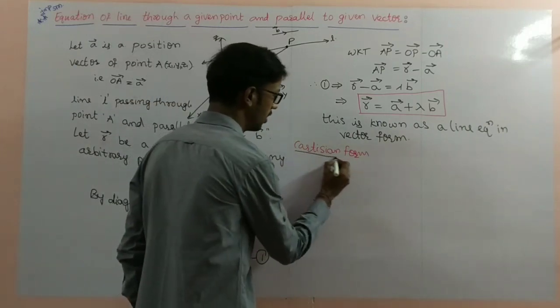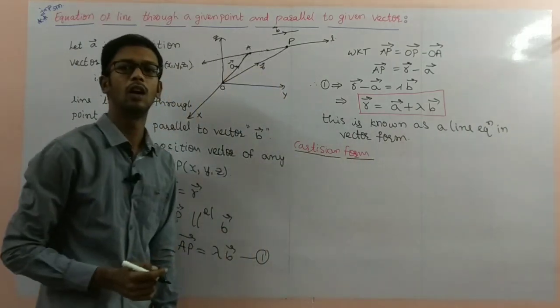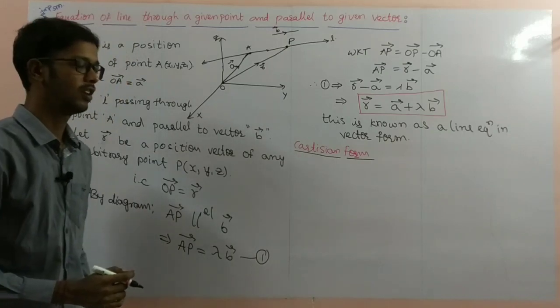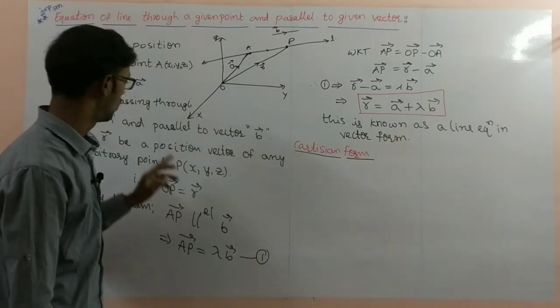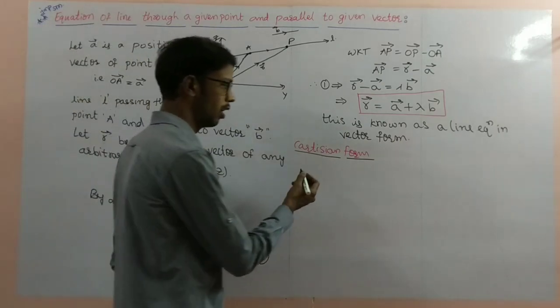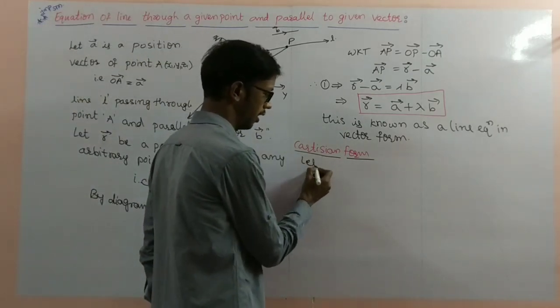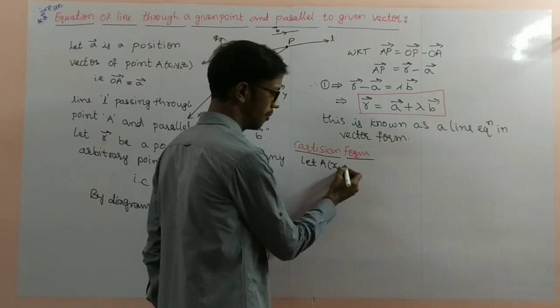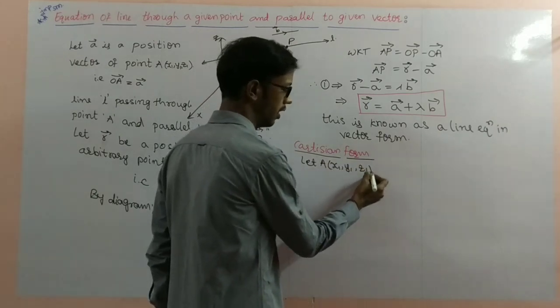Now what is the Cartesian form of the equation here? The points we know already. Position vector OA bar, point A is x1, y1, z1.